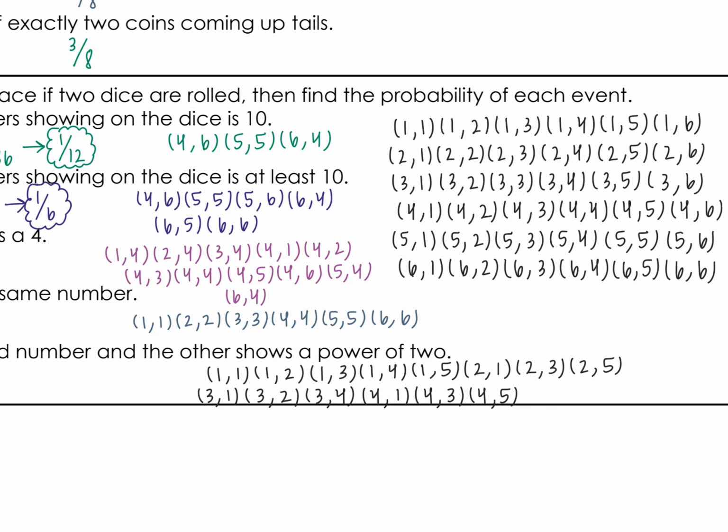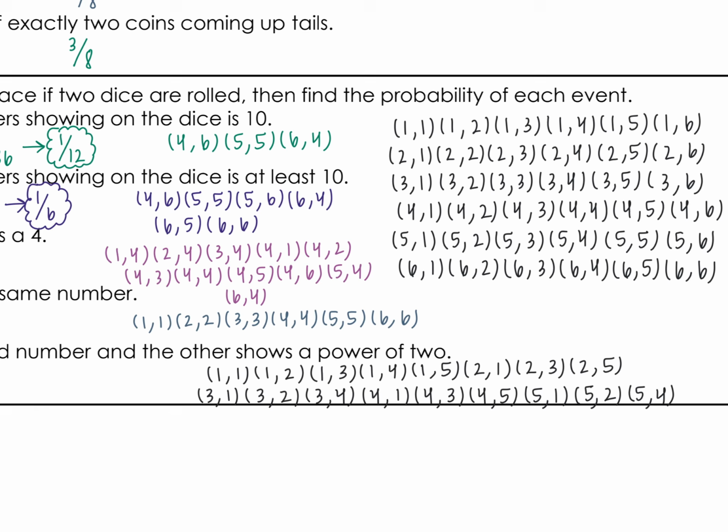And then for my 5s, we'll have 5, 1, 5, 2, and 5, 4. And this is where we stop, because when we get into the 6s, we don't have that power of 2 and an odd number.